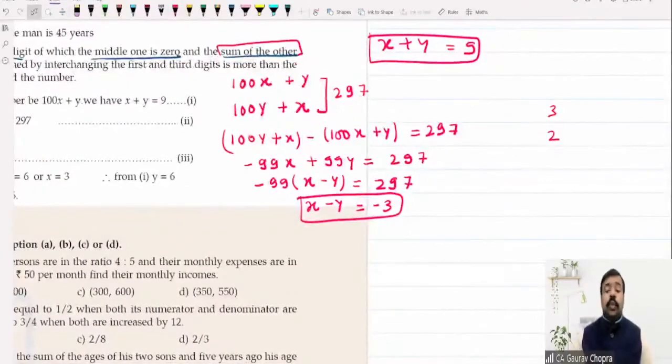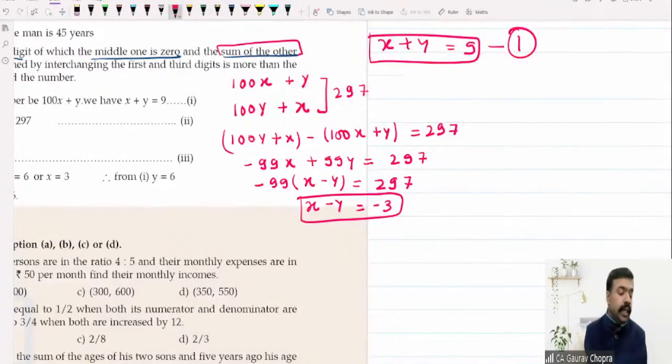Now we have two simple equations. The first equation was the sum of x and y is 9, and secondly x minus y equal to minus 3. So let's simplify them.